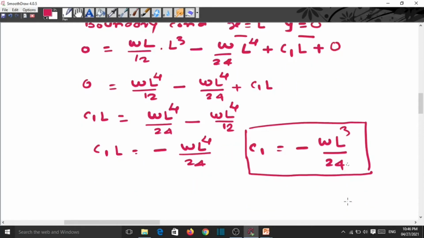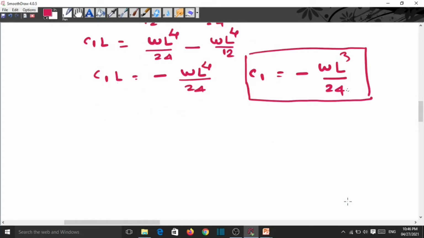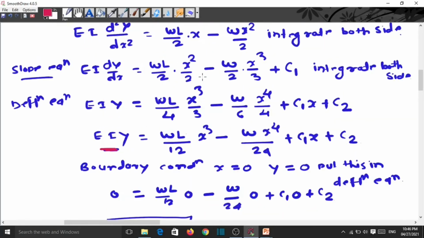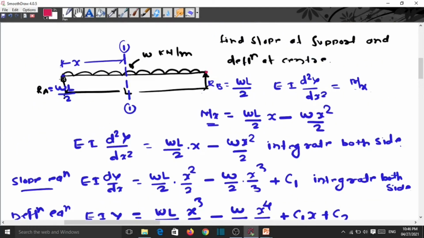So next is to find the slope at the support, slope at A. So first we write the slope equation. For the slope at A, we have to put x is equal to 0, because slope at A means at the support here.